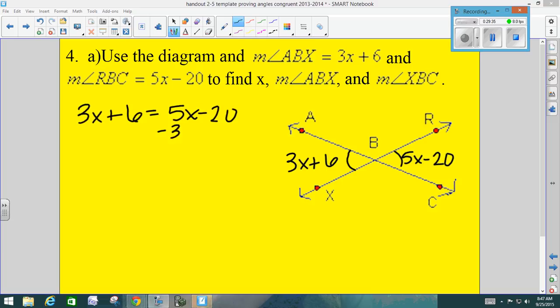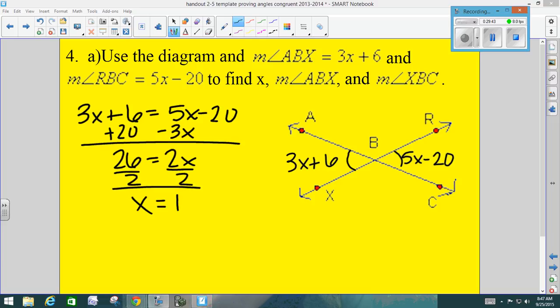Subtract 3x, add 20. 26 equals 2x, divide by 2, and what do we get for x? 13. Good. How do I find the measure of angle ABX then? Substitute it in. 3 times 13, 39, plus 6. So the measure of angle ABX equals 45 degrees.